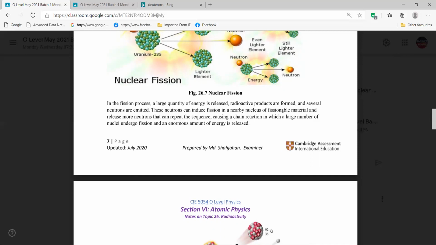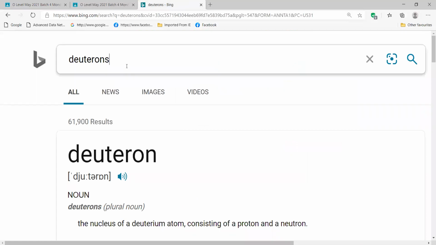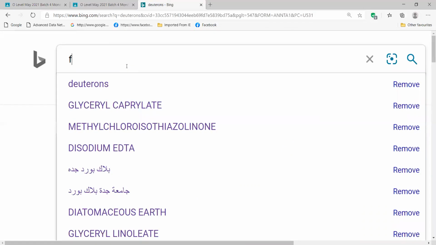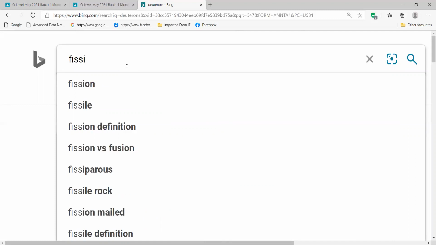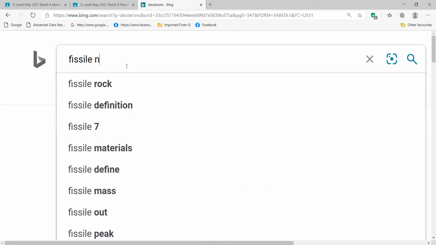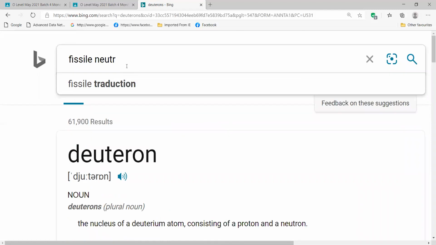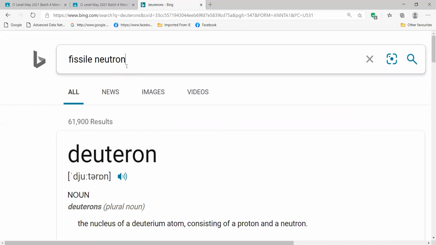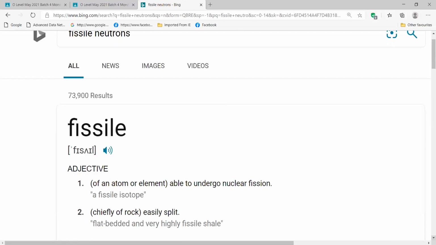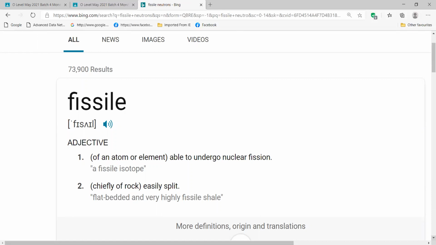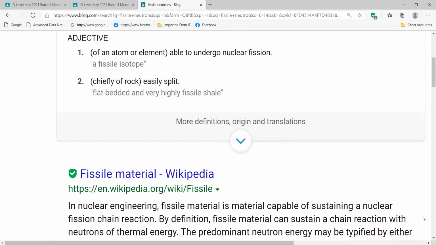And sir, what are these neutrons called? Wait. Sir, I'm on my last line.